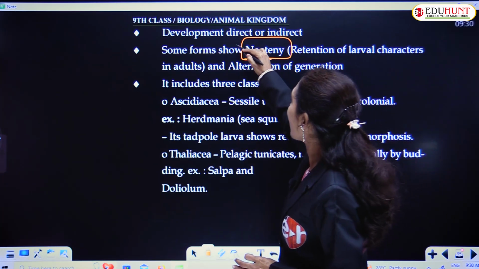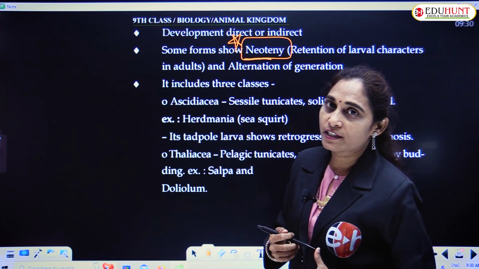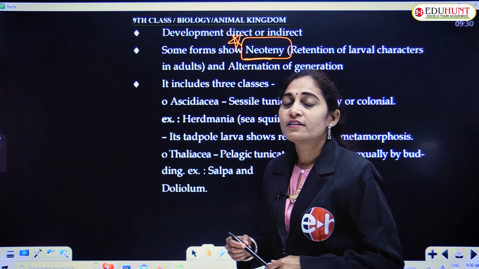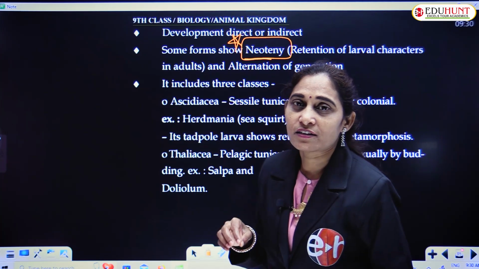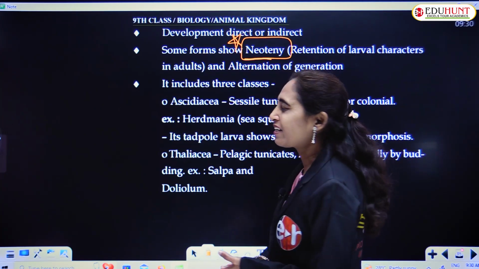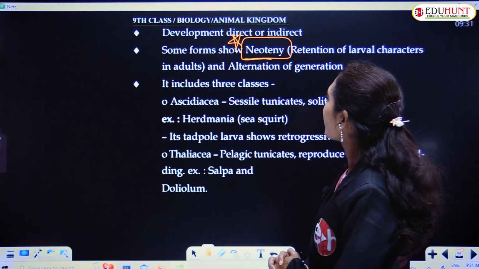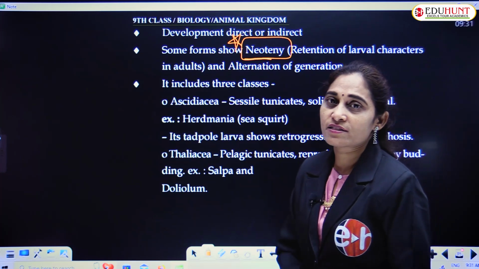It is a remarkable feature of the subphylum Urochordata. Neoteny is the presence of larval characters in the adults. Repetition or retention of larval features in the adults is called neoteny. And alternation of generation is seen.